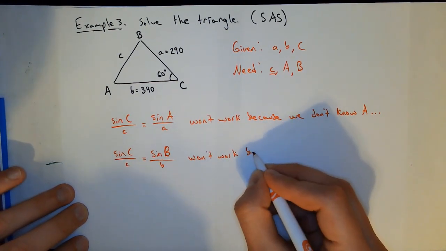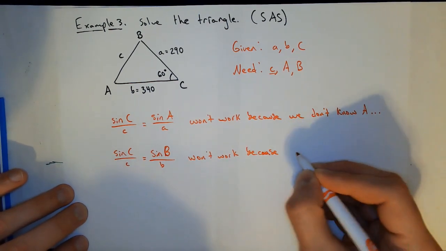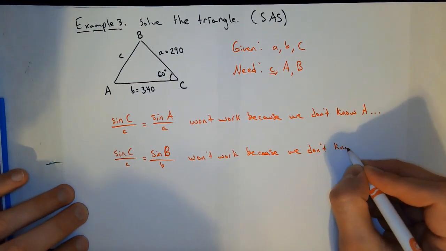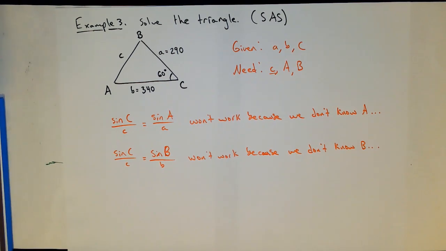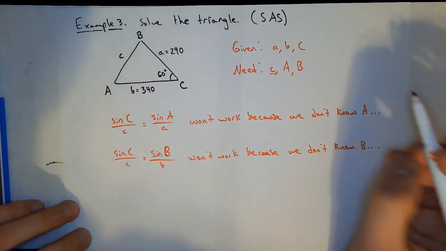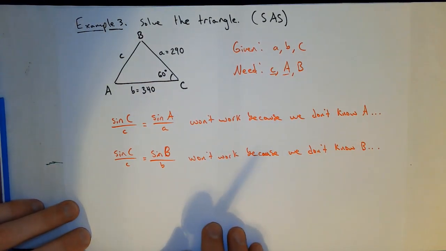Why? Because we don't know capital B either. Okay, so we can't find c, but does that mean all hope is lost? Well, pretty much yes, but let me prove it to you that we really do need another tool to be able to solve this triangle.